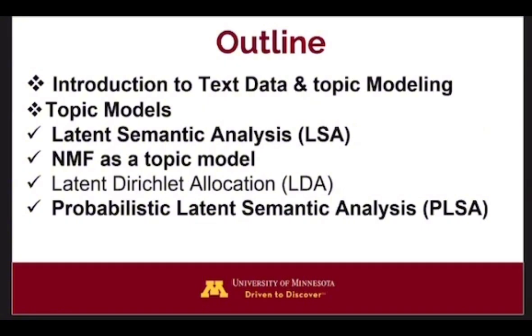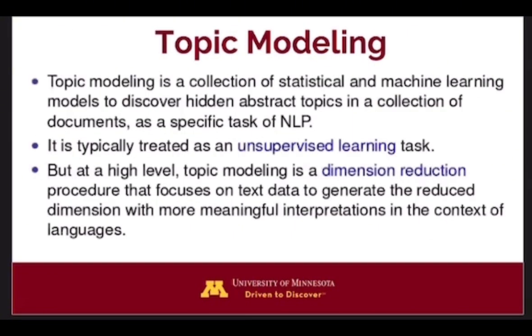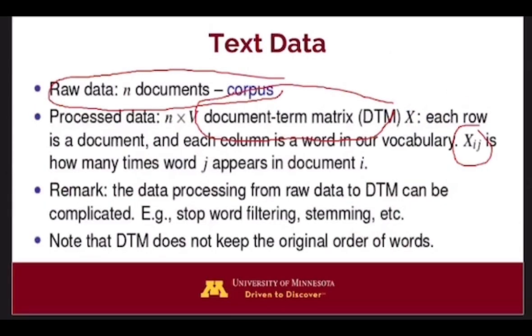We have NMF, which I've walked you through in this class before. It's also a very useful model in topic modeling. Then latent Dirichlet allocation, which will involve knowledge of the multinomial distribution. Then I'm also going to talk about probabilistic latent semantic analysis. But where we are now, we want to start with the first topic model.